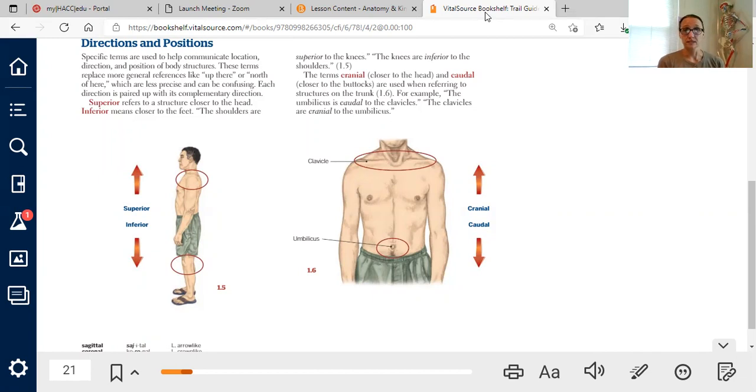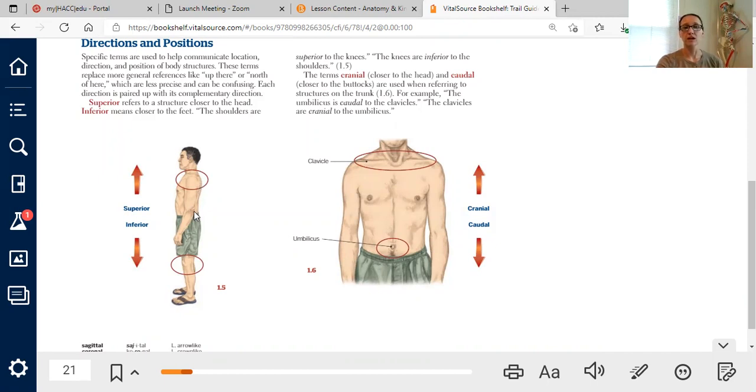They are relative. So all of these directional terms are relative to the part of the body that you are talking about. So I can say that the shoulder is superior to the knee, and I can say that the knee is inferior to the shoulder.